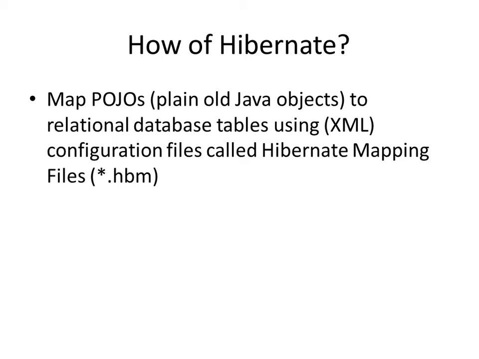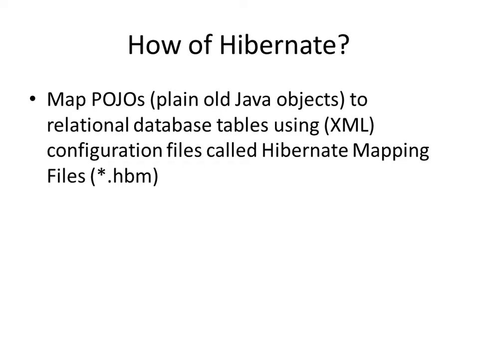Now what happens is the class of the POJO maps to the table. All the attributes of the Java class will map to the columns of the database table. So the Java class maps to the relational database table and the columns of the database table will map to the attributes of the class.